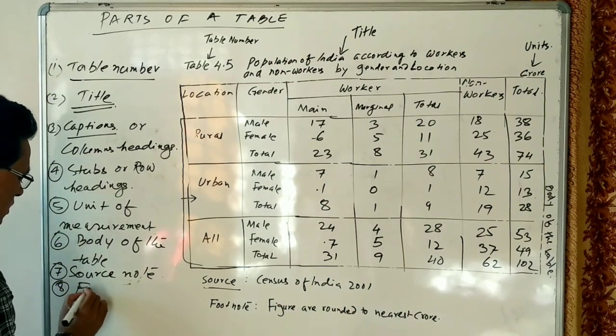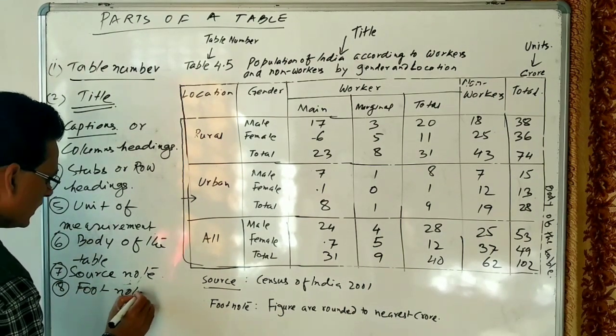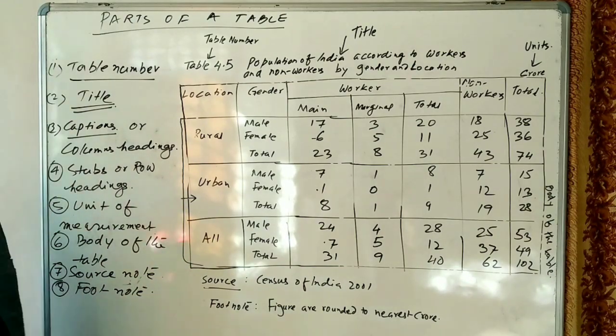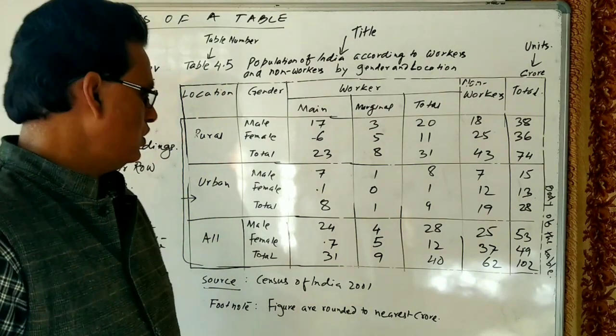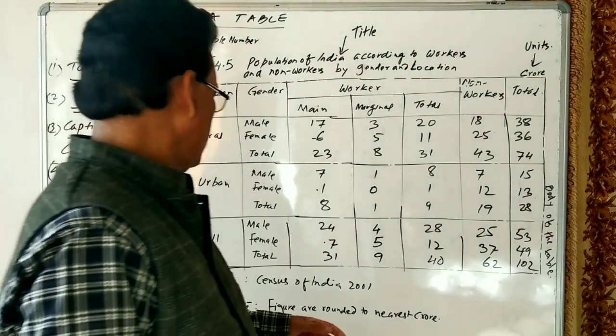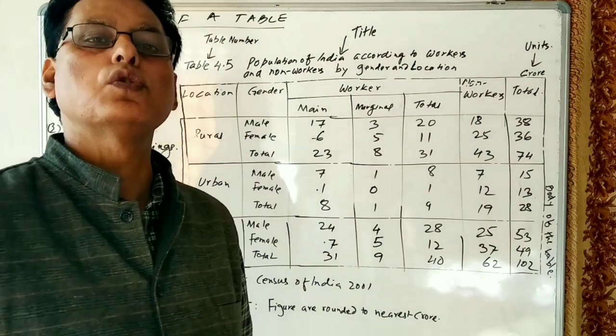8.1 is footnote. So the footnote is the last part of a table. Footnote explains the figures are rounded to nearest crores.